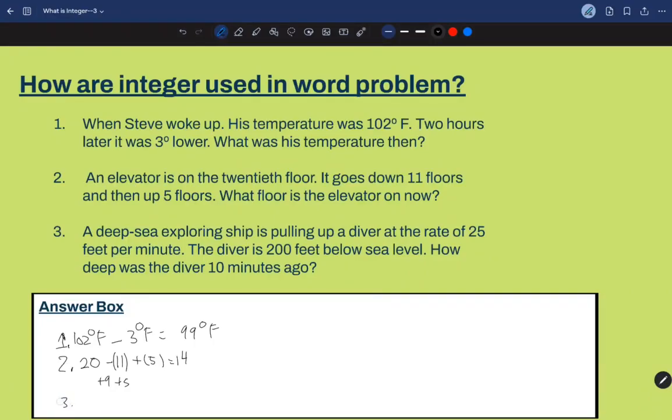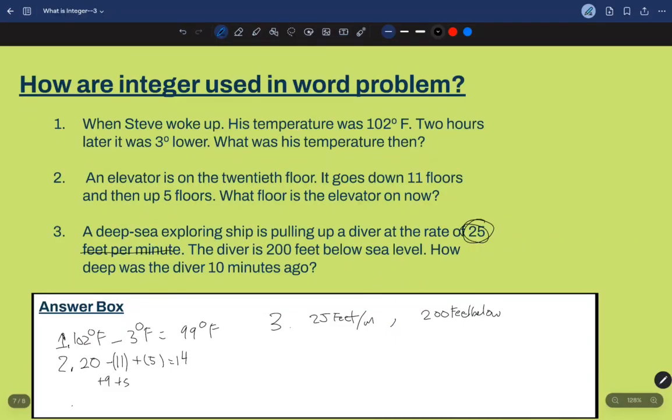Number 3: a deep sea exploring ship is pulling up a diver at a rate of 25 feet per minute. The diver is 200 feet below sea level. How deep was the diver 10 minutes ago? The ship is pulling at a rate of 25 feet per minute, and the diver is right now 200 feet below.